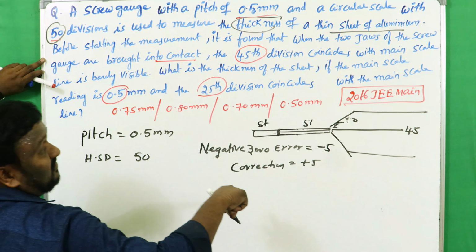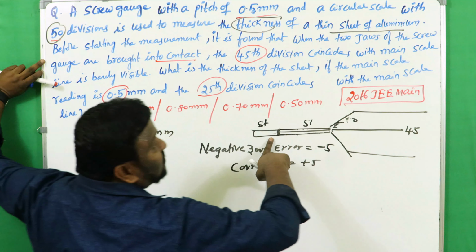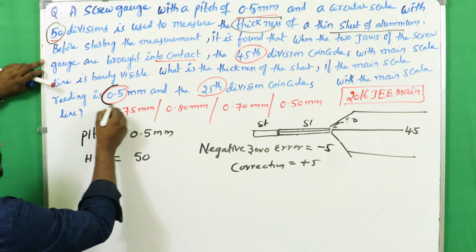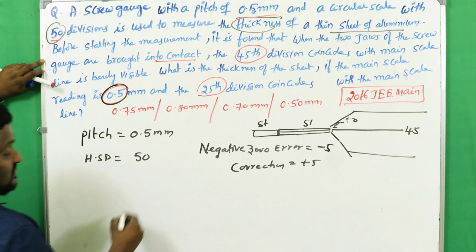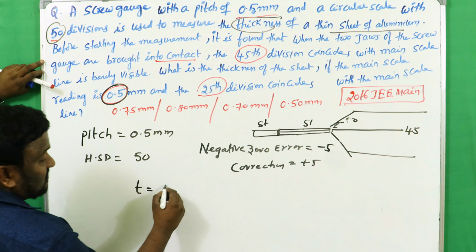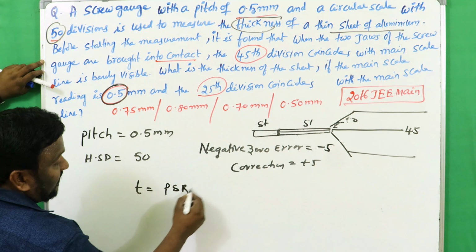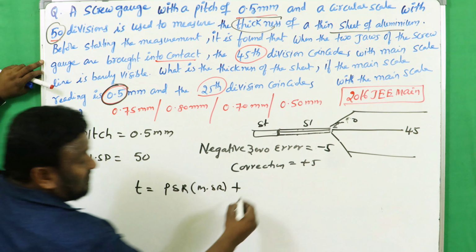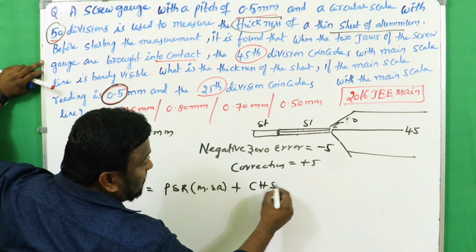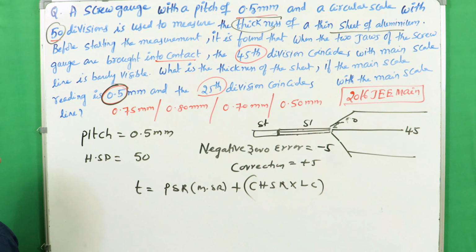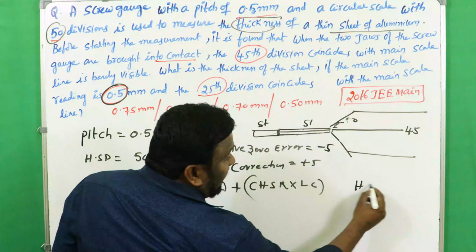After inserting the aluminium sheet between the two studs, the main scale reading is 0.5 millimeters. So the thickness T equals PSR, or main scale reading, plus CHSR into LC. Here HSR means head scale reading.